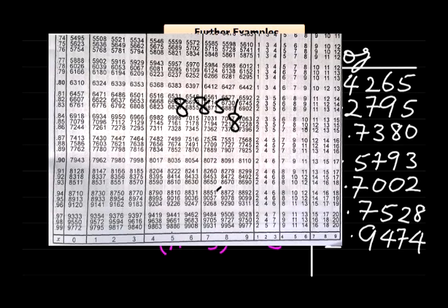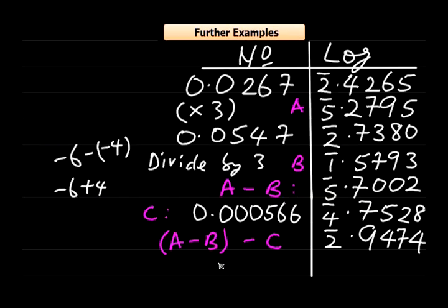So we have 8859. Okay, now we want to count the decimal places. This minus 2 plus 1 will give us minus 1. So you stay here, and minus 1, you go to the left.